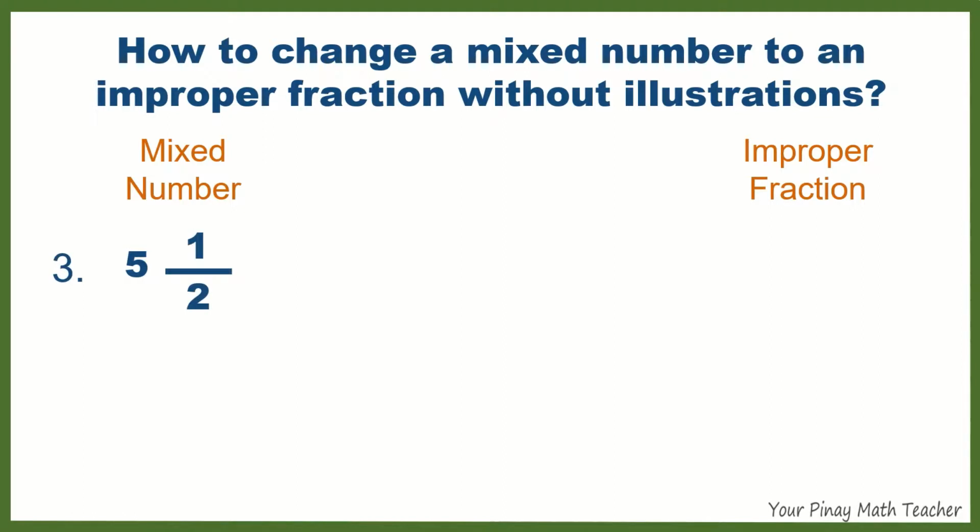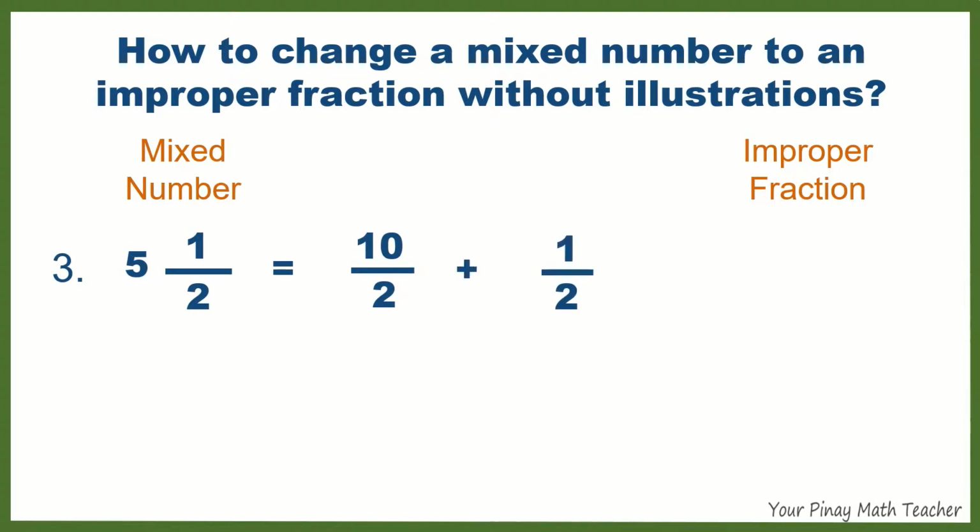Number 3. 5 and 1/2. This means that there are 5 wholes and each is divided into 2 equal parts. So we get 5 2/2. 2/2 plus 2/2 plus 2/2 plus 2/2 plus 2/2, or simply 5 times 2/2, we get 10/2.